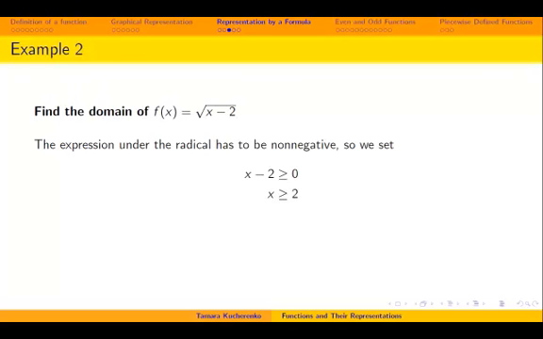We add 2 to both sides and get that x has to be greater or equal than 2. In interval notation, we write the domain as an interval from 2 to infinity. The square bracket here indicates that the endpoint 2 is included in the domain.